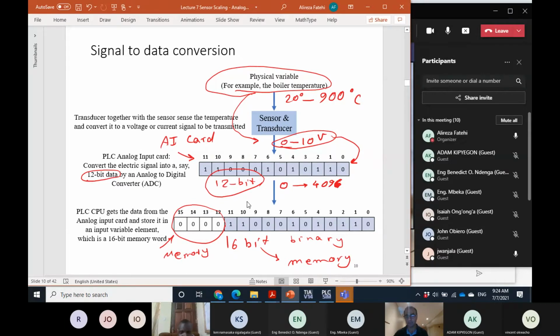So the PLC adds a few zeros to that to make it a standard 16-bit. But this part is not something that we need to take care of. This is something just to know. We just read that and know that the signal is, for example, in this range, and we work with this range. This is something that the PLC itself takes care of.